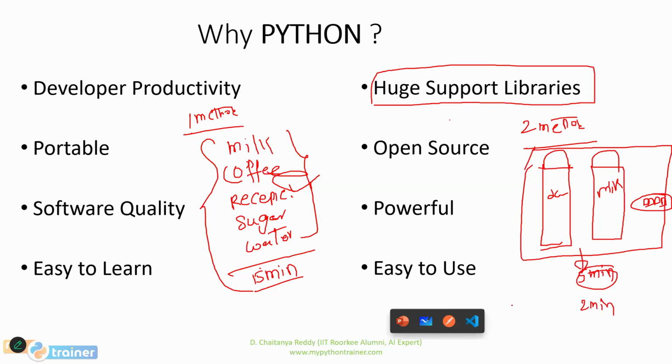There is a cup and saucer. I'll take some decoction here, some 30 seconds. Take the milk, another 30 seconds. I'll add some sugar cubes, some 15 seconds. There is a spoon where I stir it properly and drink it. So maximum 2 minutes.